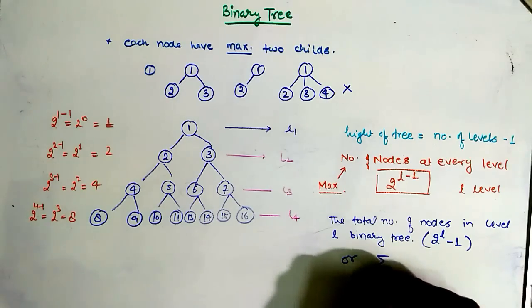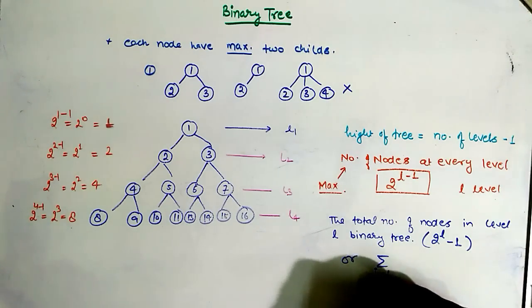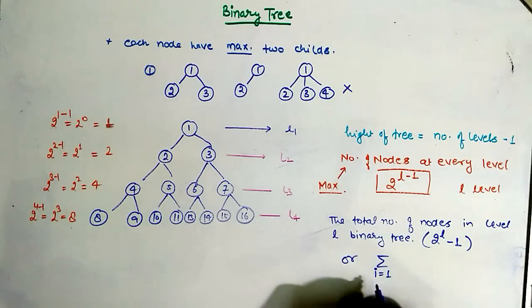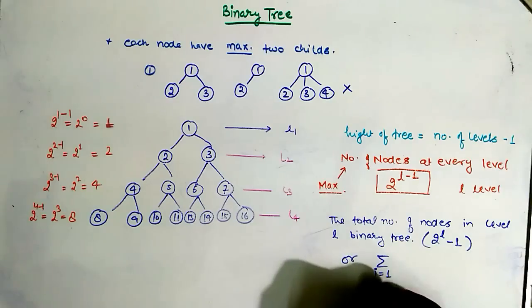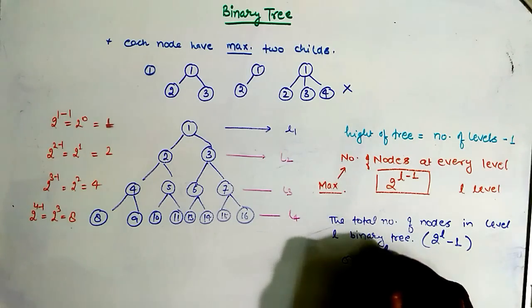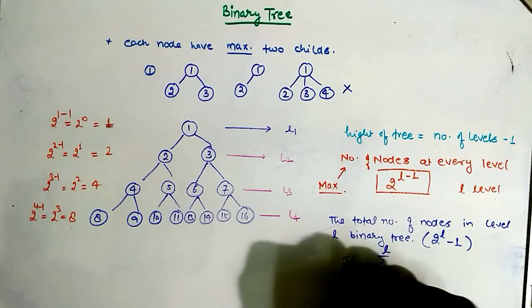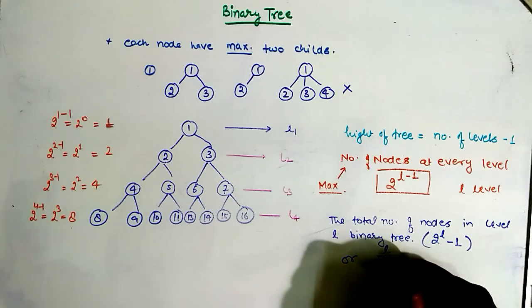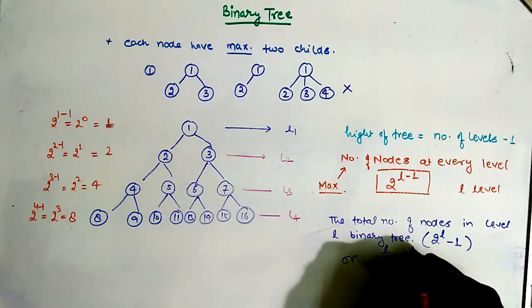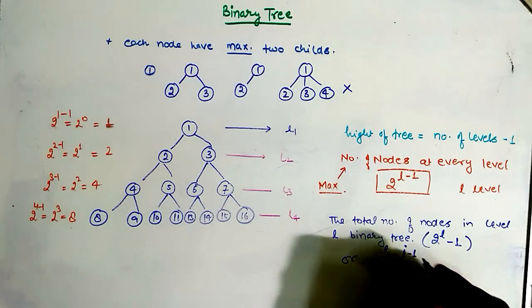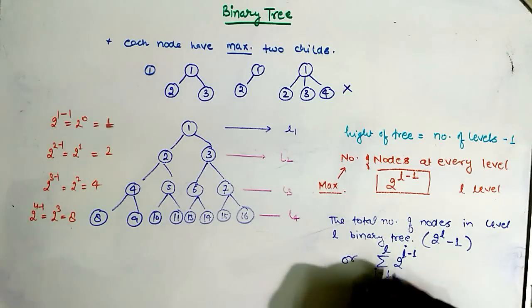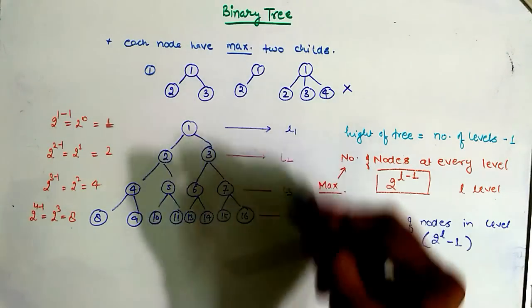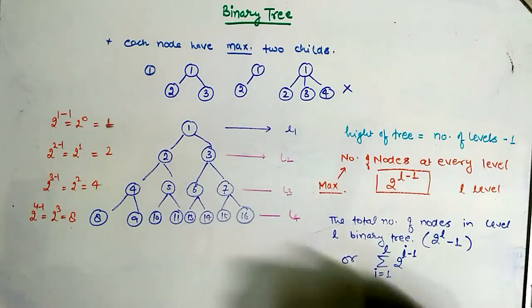This is nothing but I just sum up all nodes at each level. So if there are 1 to L levels, then it is nothing but sum up of 2 to the power L minus I minus 1, where I goes to 1 to L. If L levels are there, we just sum up all the nodes in the binary tree.